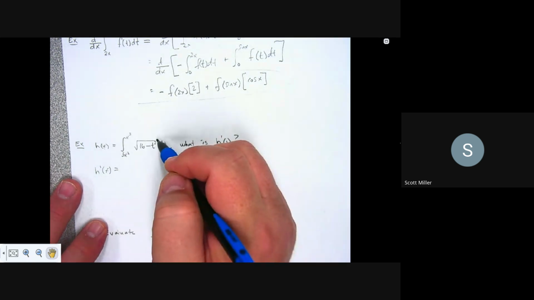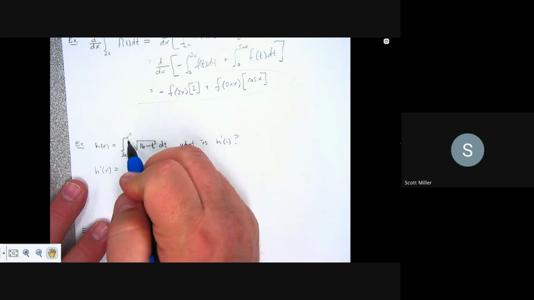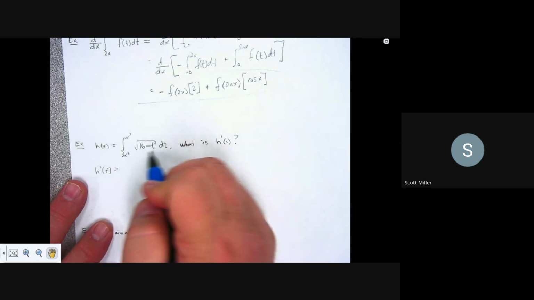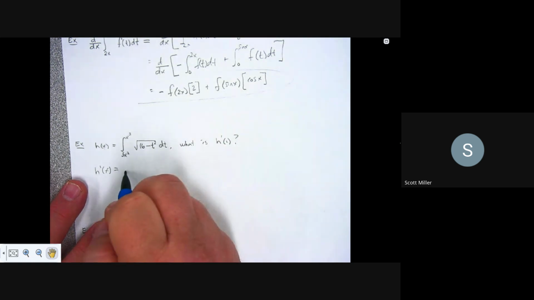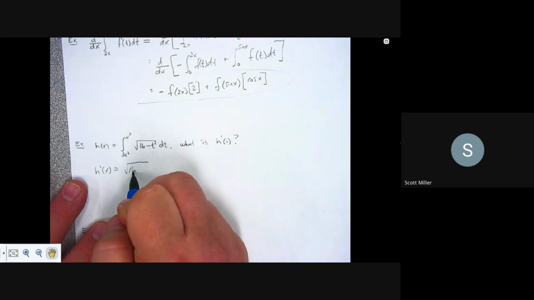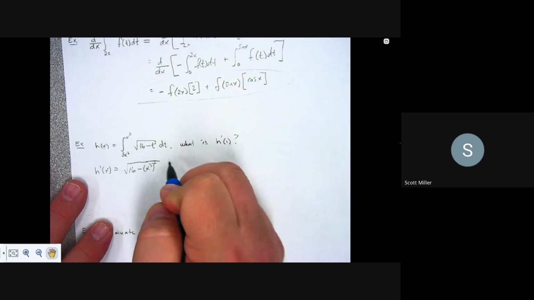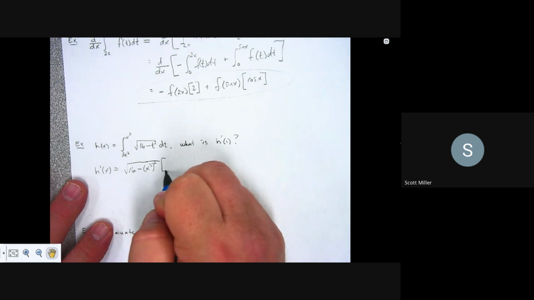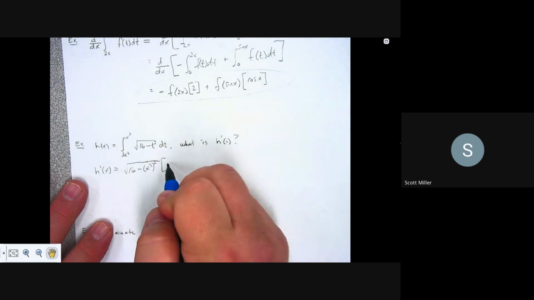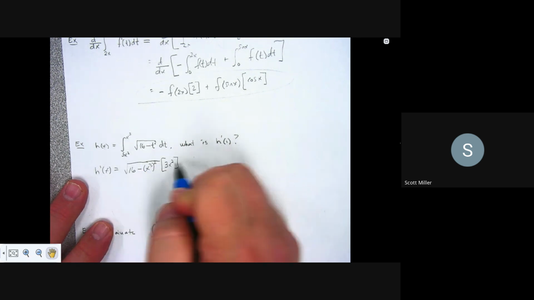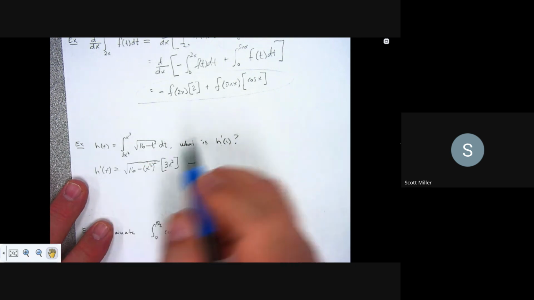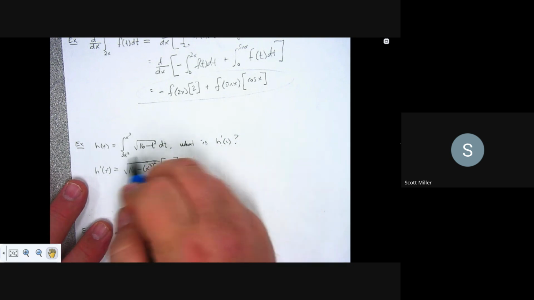I take the upper part and plug it in for t, so I get the square root of 16 minus x to the third squared, times the derivative of that, 3x squared. It's the upper limit minus, now the lower limit. So I'm going to take that quantity and plug it in.